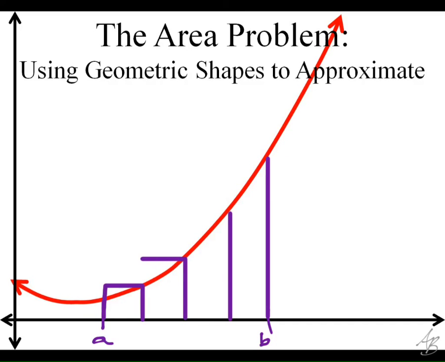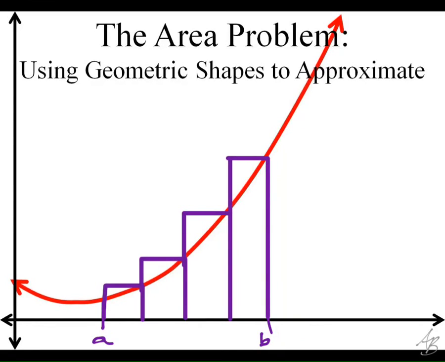If we add more and more rectangles, it's going to get closer and closer to the actual value, so close that it's actually going to reach the actual value when the number of rectangles is infinite. And that's going to be the key. That's how we're going to go from an approximation to the exact answer: we're going to use infinitely many rectangles. Sounds like a lot, doesn't it? A lot of rectangles?